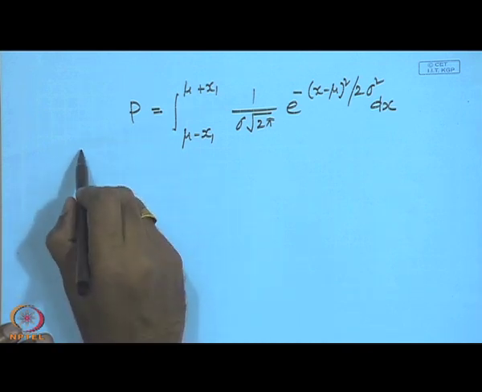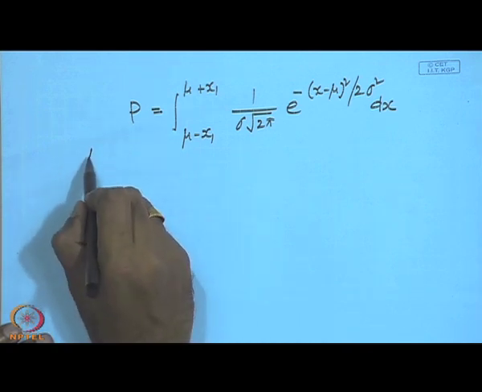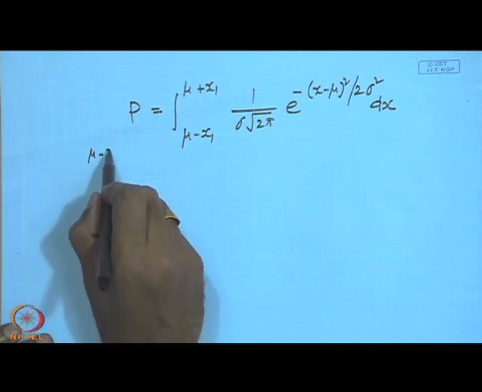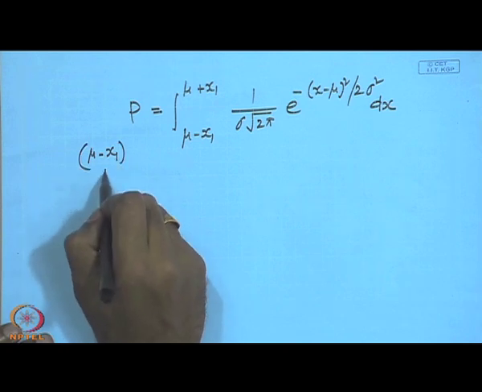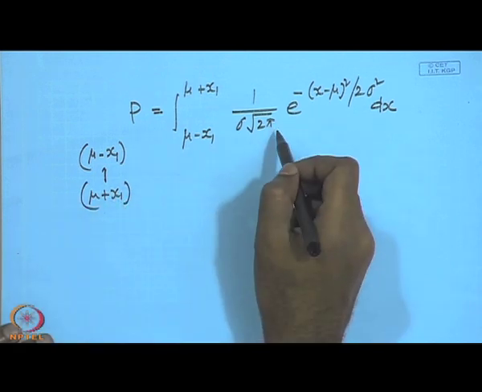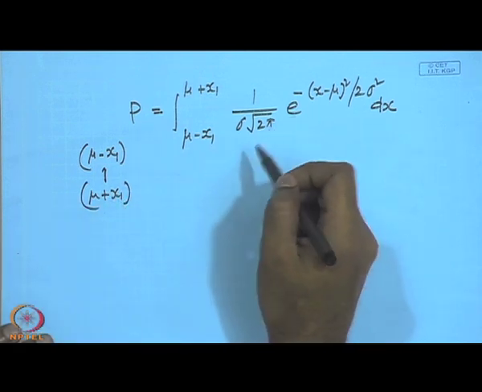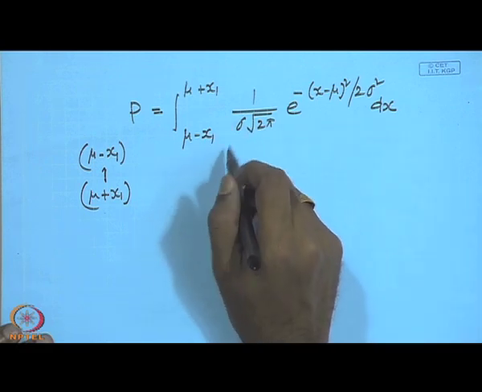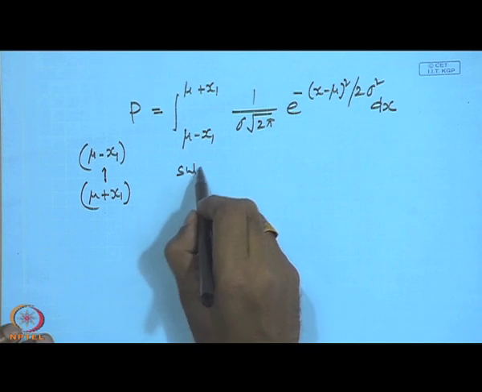The probability that a particular measurement will fall between mu minus x1 to mu plus x1 can be obtained from the definition of the distribution function.